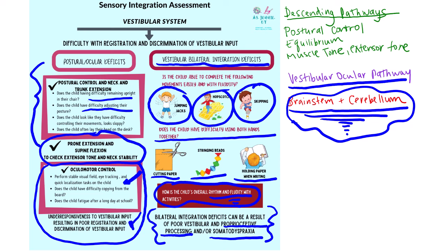We will talk a little more about the proprioceptive system next time, but I hope the vestibular system, both those parts from last week and this week, make sense and are helpful.